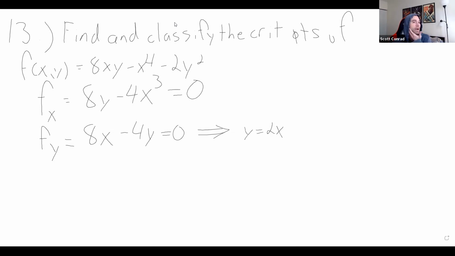So we get y is equal to 2x. Doesn't tell us what x or y is at the critical point, but it tells us at the critical point y has to be equal to 2x. And so we're going to use this relationship in the other equation. So wherever we see y, we're going to replace it with 2x. And then we're just going to be left with an equation in x, and we can solve for x.